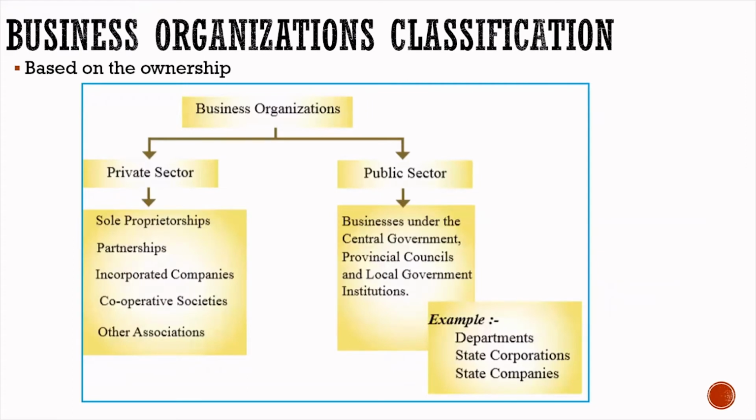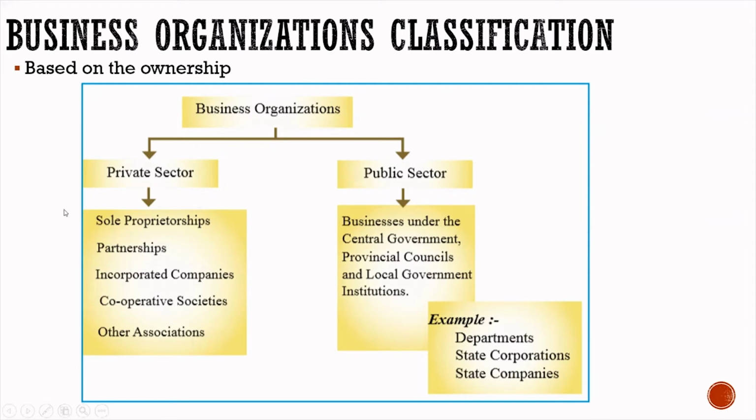In your first lesson, you have learned about classification of business organizations. So this is similar to that. Business organizations could be classified based on the ownership. There are two subsectors of business organizations which we could classify based on their ownership.